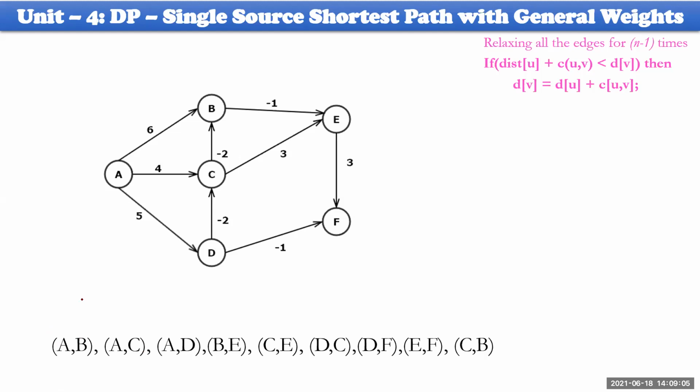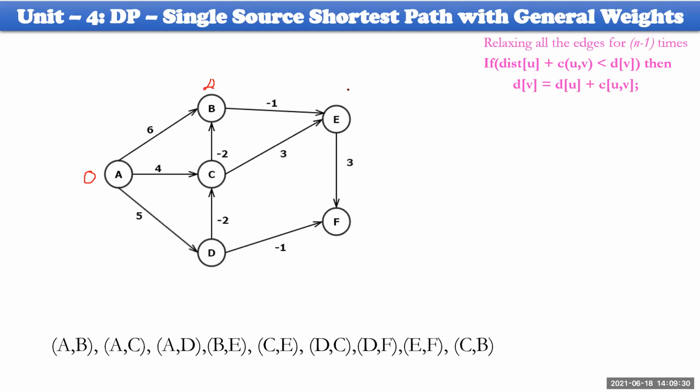All edges at once. Initially, the cost, the distance of A to A, will be equal to 0. And the distance from A to B, initially we don't know what it is, so we have to consider it as infinity.